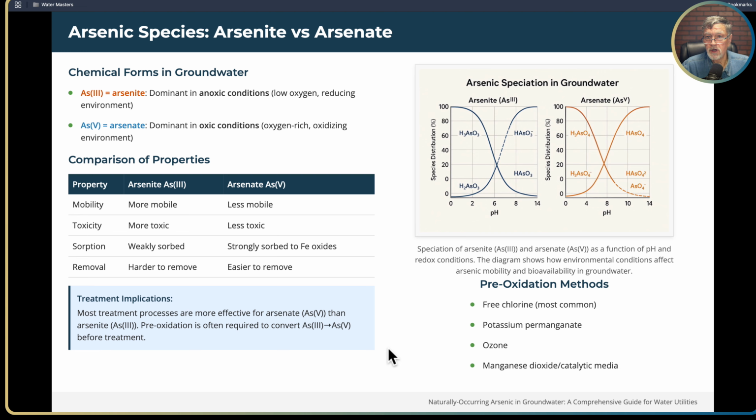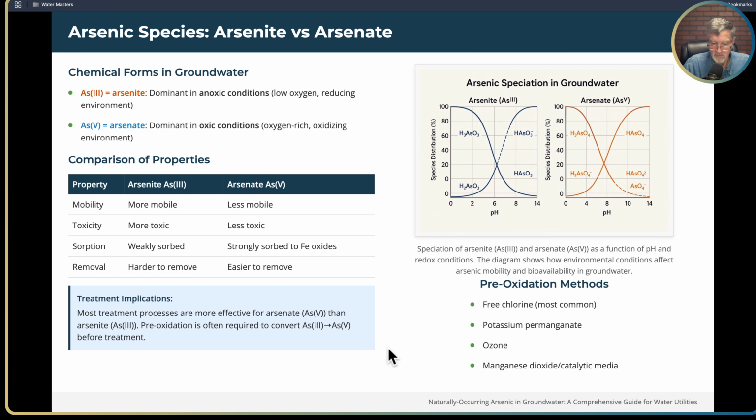The most common one at a treatment plant is going to be free chlorine. Obviously, most water systems are going to have plenty of chlorine on hand because they're chlorinating, so they can put that into the process and it makes it a little bit easier. But other tools, potassium permanganate, for instance, ozone, and manganese dioxide as a catalytic media also work.